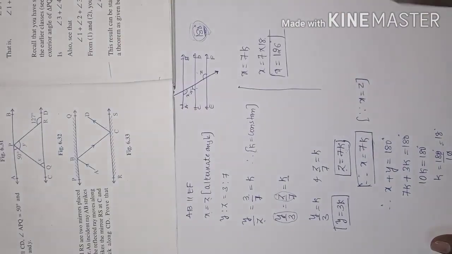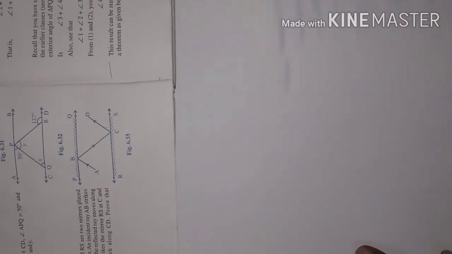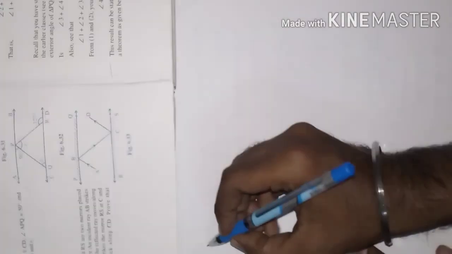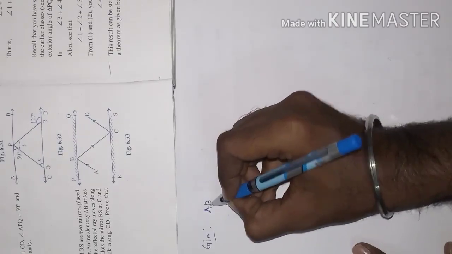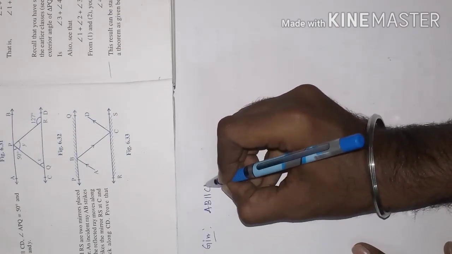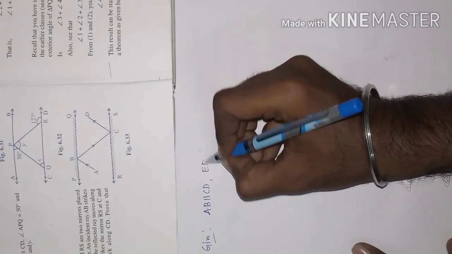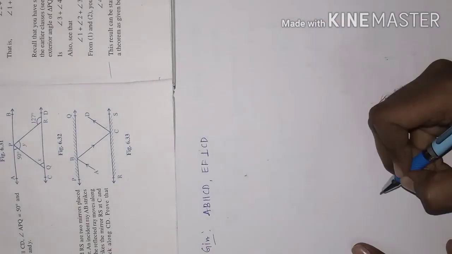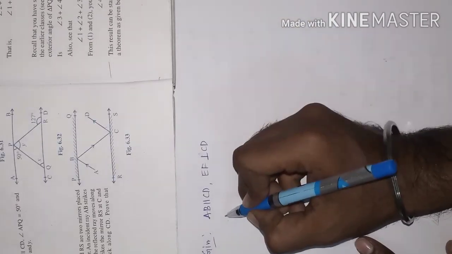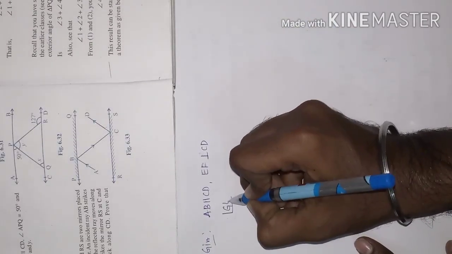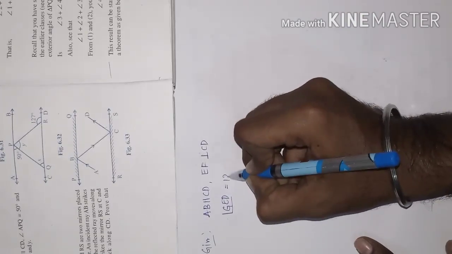Let us write the given part first and then we'll go for the solution. Given that AB is parallel to CD, and EF is perpendicular to CD. These are the two points given in the question, and also angle GED is equal to 126.